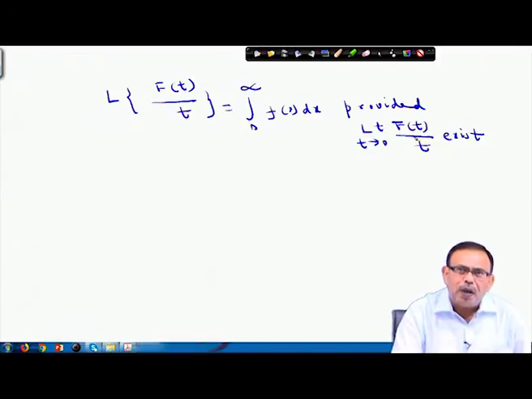This we have seen in the properties of Laplace transform.